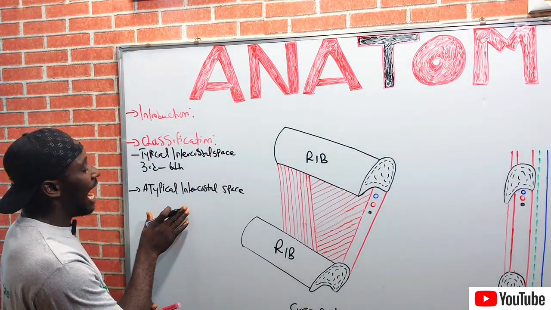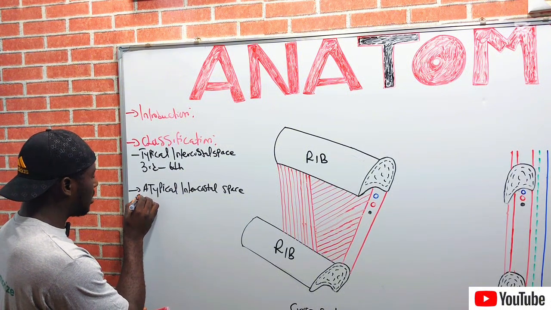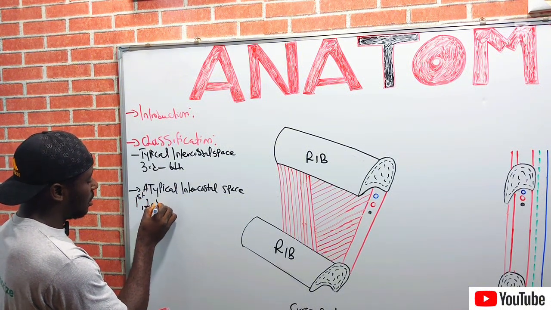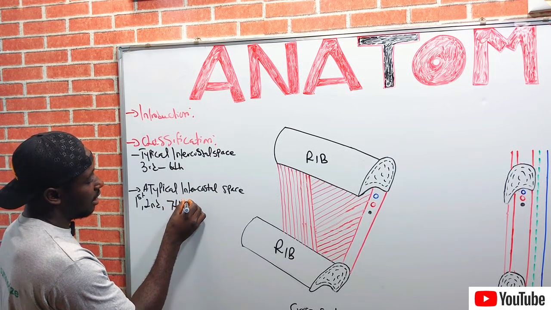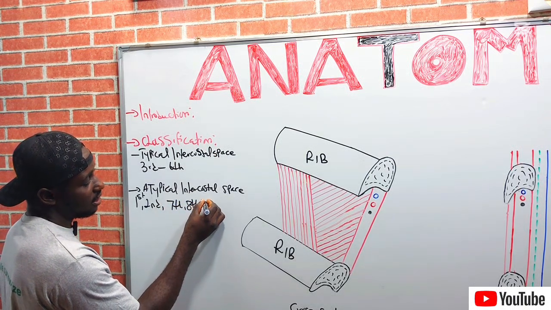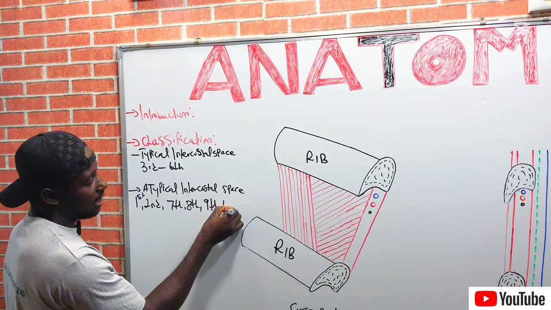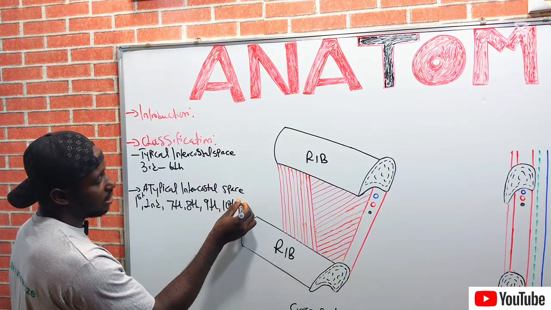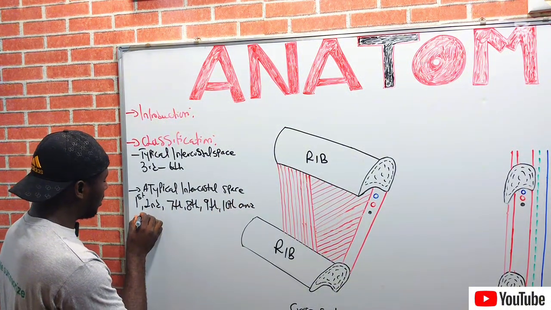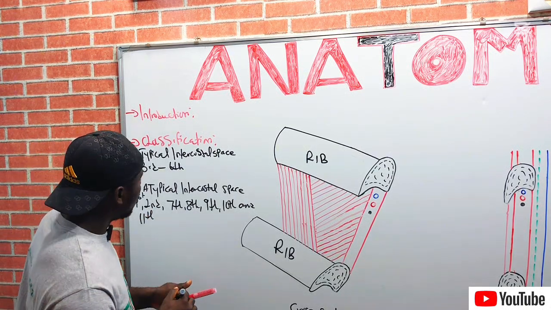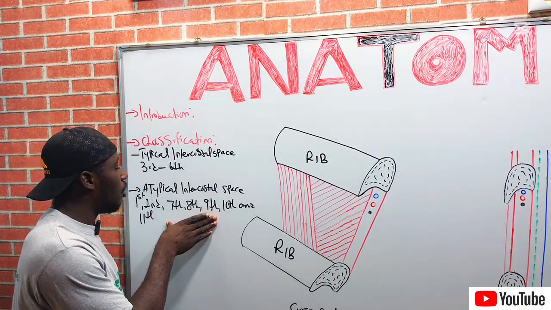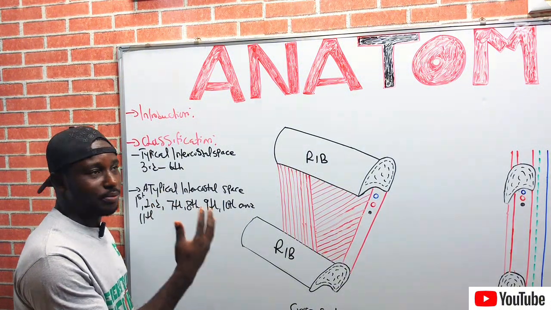So on the atypical, we have first, second, seventh, eighth, ninth, 10th, and 11th. So these are the spaces that form the atypical intercostal space.